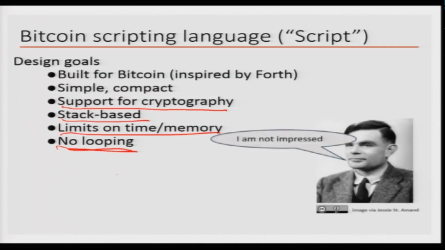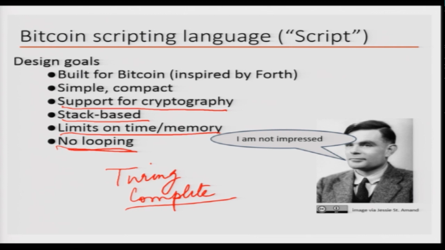Turing complete languages, like all programming languages that we normally use. If you have taken a course in theory of computation, you probably know what that means, but Turing complete languages can express very complex functions, whereas this very simple language with no looping cannot express arbitrary functions.